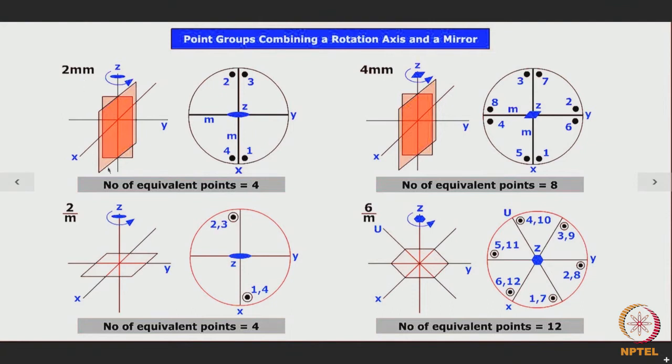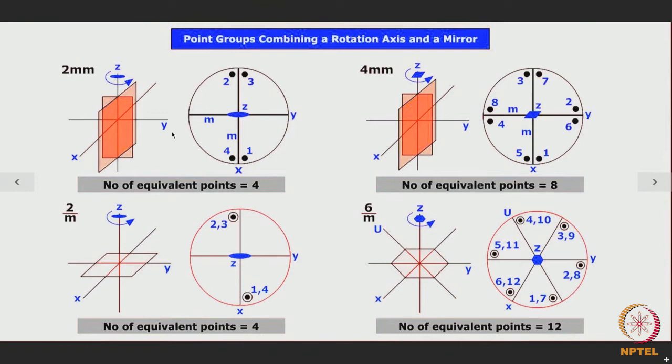So, let us suppose that we have a 2-fold rotor along the z axis and it is doing an anti-clockwise rotation. These are the x and the y axis. So, this is our stereographic projection.